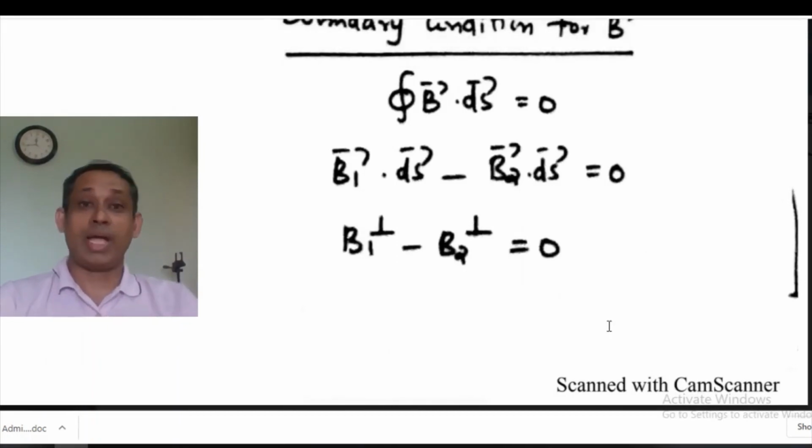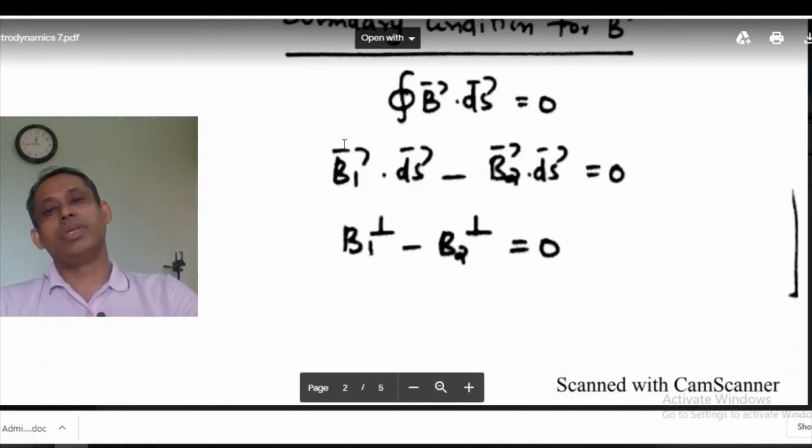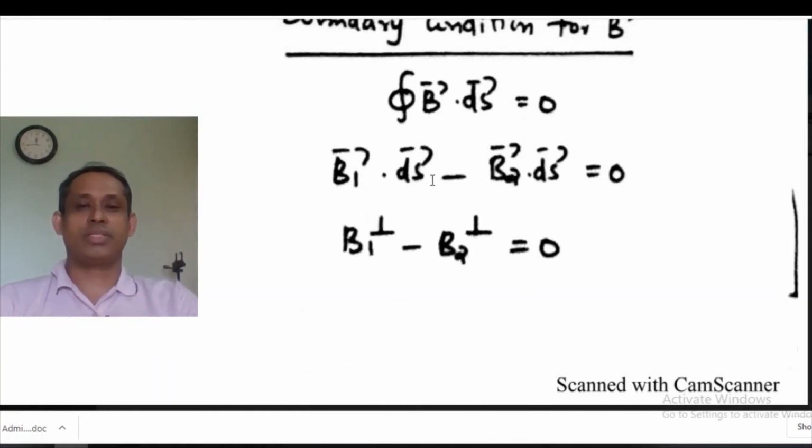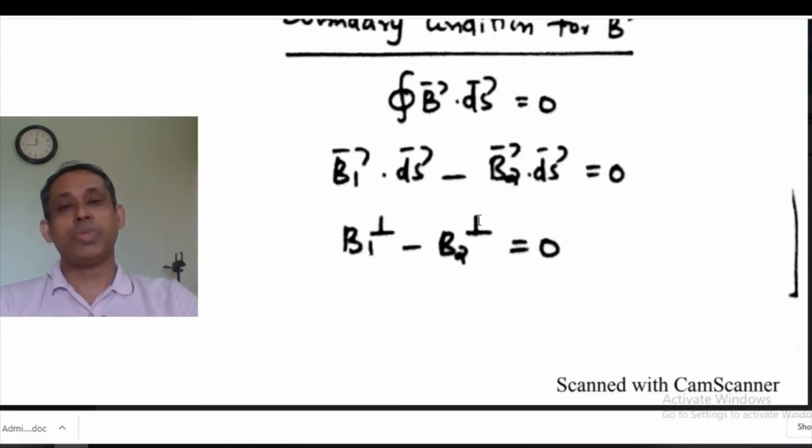As we did earlier, this can be written as B1n or B1 perpendicular dS minus B2 perpendicular or B2n dS, equal to 0.